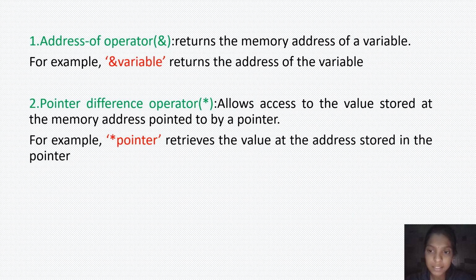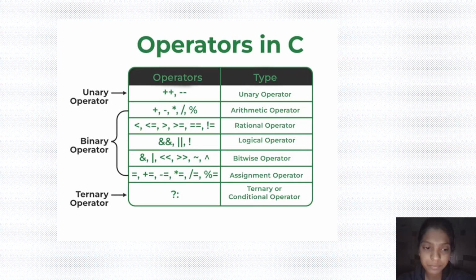It allows access to the value stored at the memory address pointed to by a pointer. For example, *pointer retrieves the value at the address stored in the pointer. So these are the two different types of operators, that is the address of operator and the pointer dereference operator.